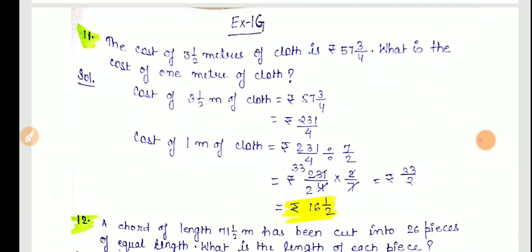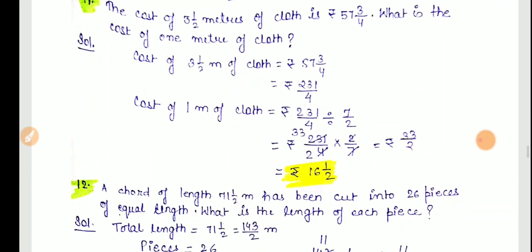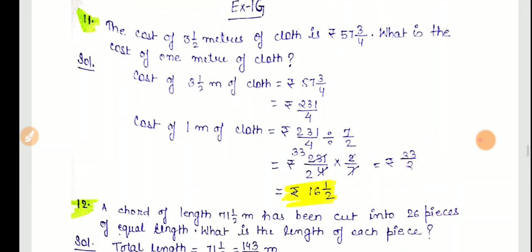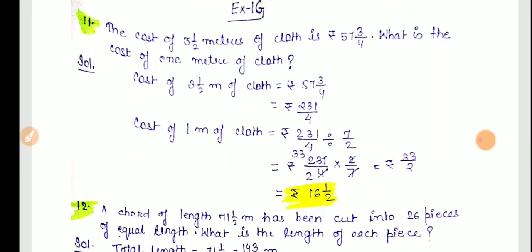Here, when they are asking about the lesser quantity or only one, like the cost of 1 meter of cloth, whenever they are asking for less or one, then we will divide. Just keep it in your mind, when they are asking about more, then we have to multiply.